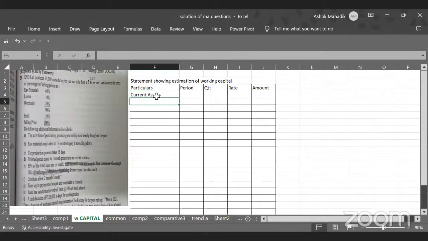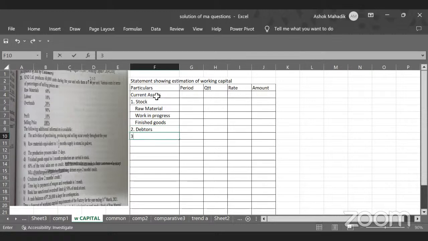Under current assets, first one is stock. Under stock, we have raw material, work in progress, and finished goods. Second major item is debtors.